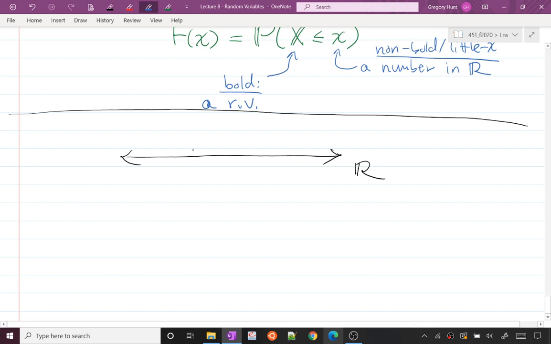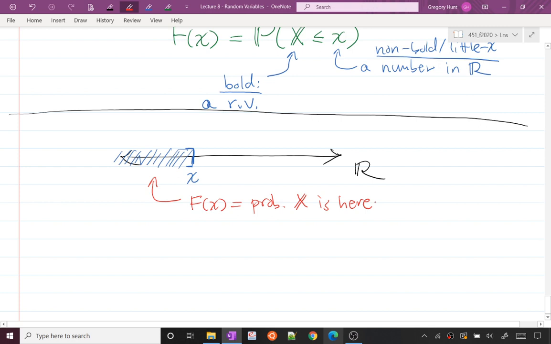And you can imagine having this kind of half open interval, all values less than or equal to little x. The question that my CDF answers is that F of little x is the probability that my random variable, capital X, is in this set.